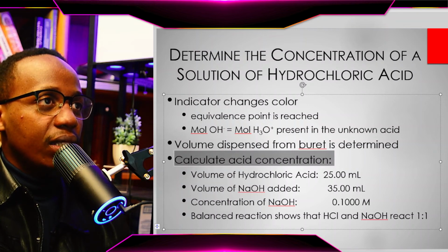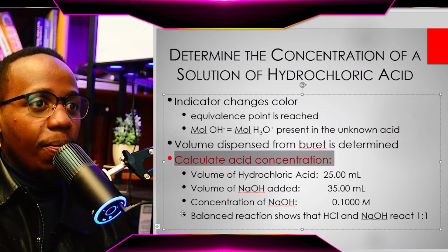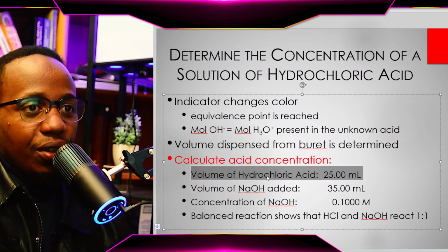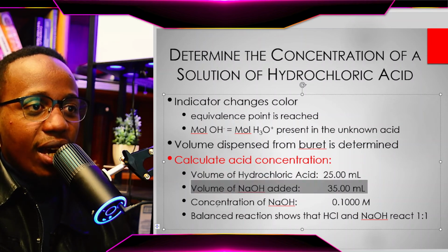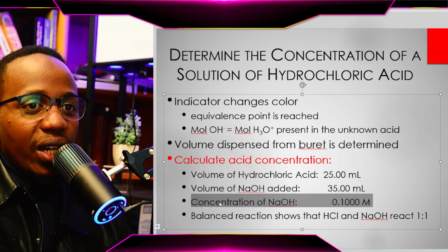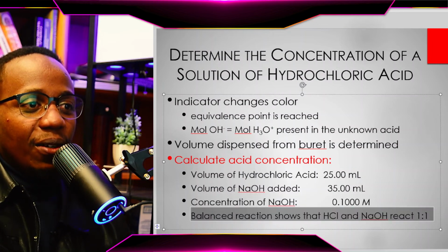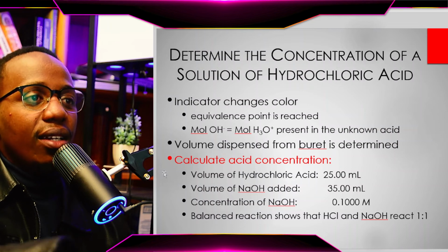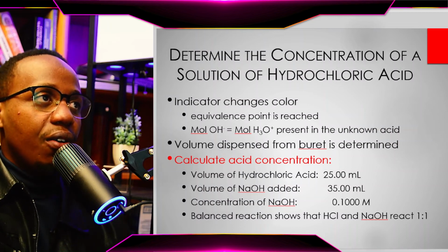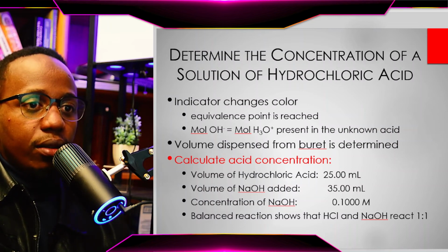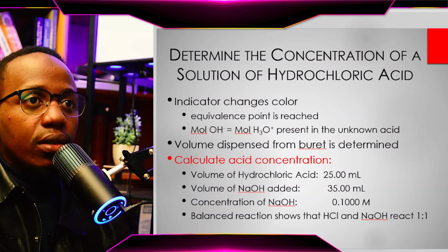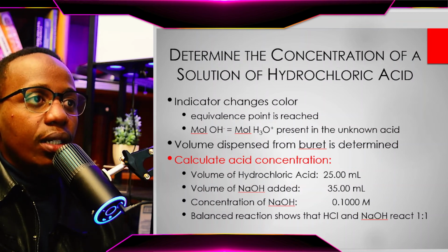If everything else is given to you, calculate the acid concentration. You have the volume of HCl, the volume of NaOH added, and the concentration of NaOH because we know it. Well, all you need to do is, again, use the formula. Let me write it up here.